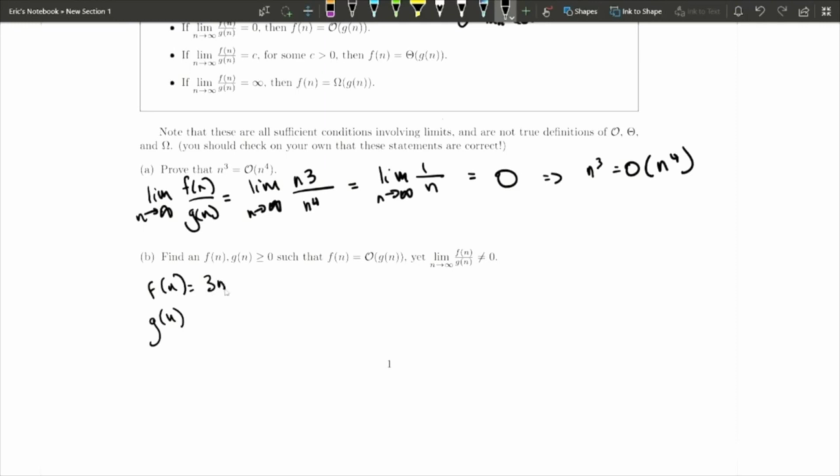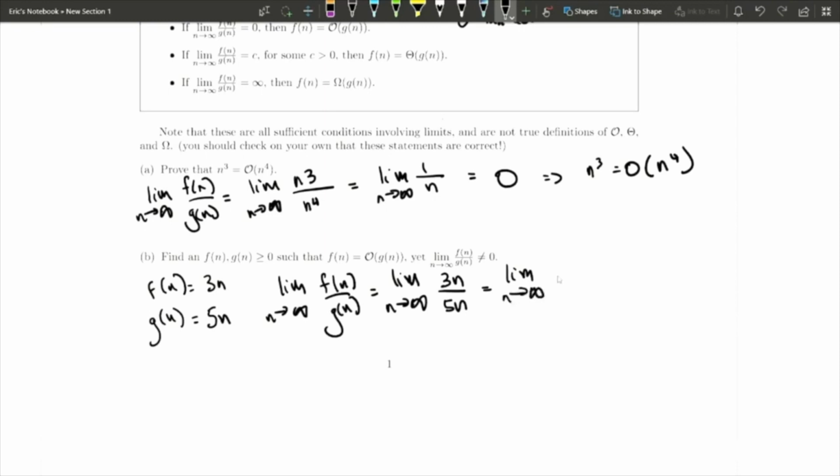I'm going to come up with something pretty simple. Let's have f of n be a runtime of 3n and g of n be a runtime of 5n. And then let's apply the limit like we always do. We don't even need the limit actually.